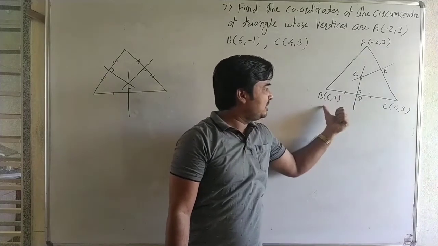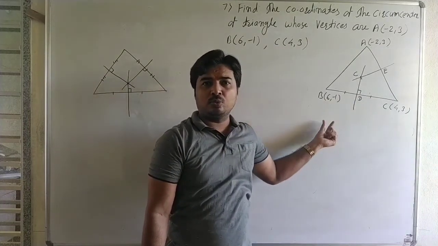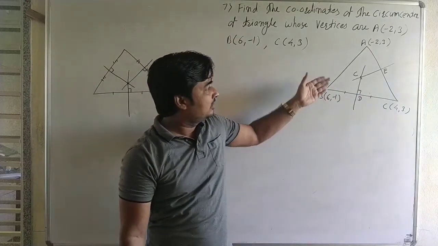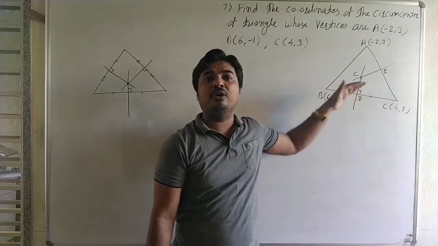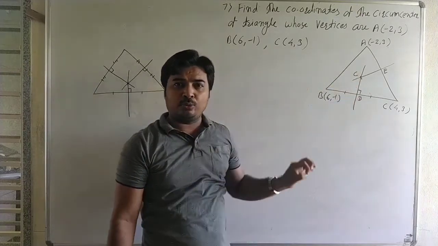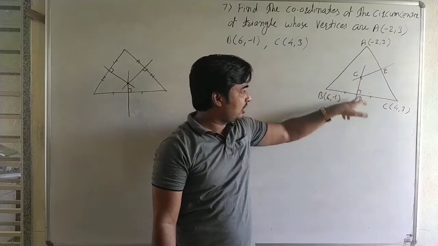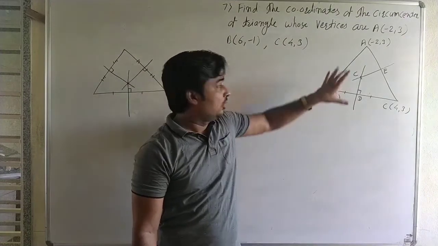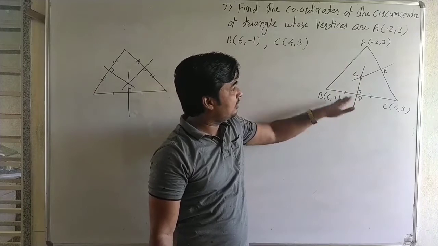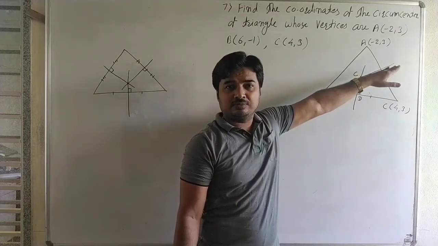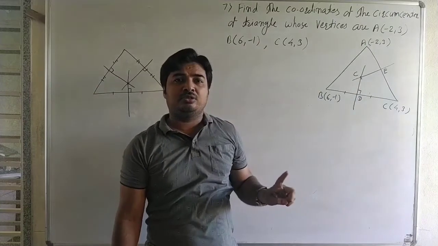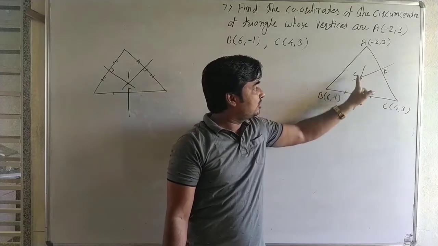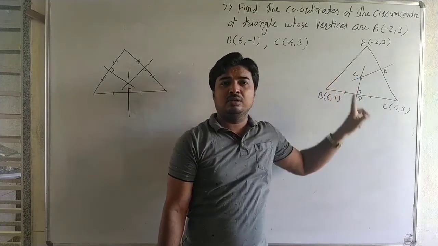We know the slope of BC by using the two-point form. When we know the slope of BC, we find the slope of CD, because CD is perpendicular to BC. Then we get the slope of CD and a point on it, and we find the equation of CD. In the same way we find the equation of CE. The point of intersection of CD and CE is the circumcenter, and by solving these two equations we find the point of intersection.